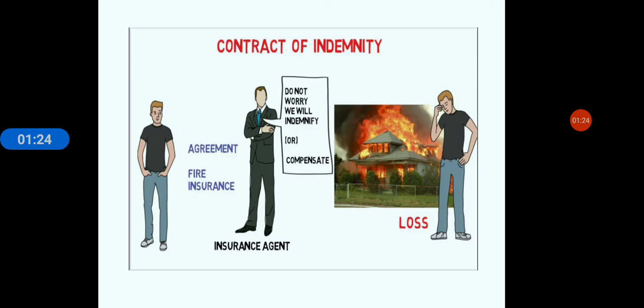The insurance company ensures that if the client's house is caught on fire, all the loss of the client will be converted into good by the insurance company. This is the contract of indemnity. That is, one has promised another to turn his loss into good.